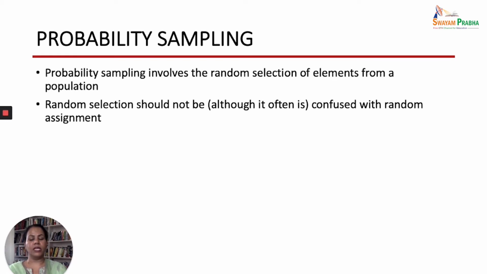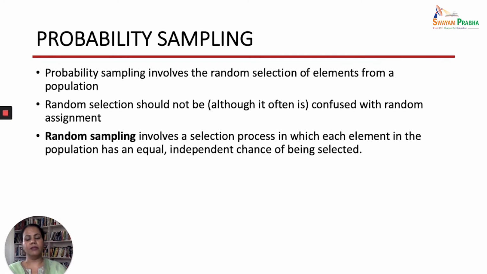You should be very clear that random assignment is different from random selection. Random assignment means we assign the subjects to the experimental or control group randomly. That is the assignment, but the subjects which we select may not be selected randomly there. So you should not confuse random assignment with random selection.